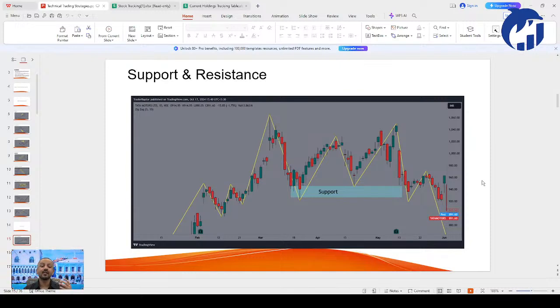Technical analysis relies on historical data. If something has happened in the past, we expect it to repeat in the future again. As you can see my mouse, when you're looking at this support, there is a reason why price came over here before it started. Why couldn't price continue down? There has to be some reason.